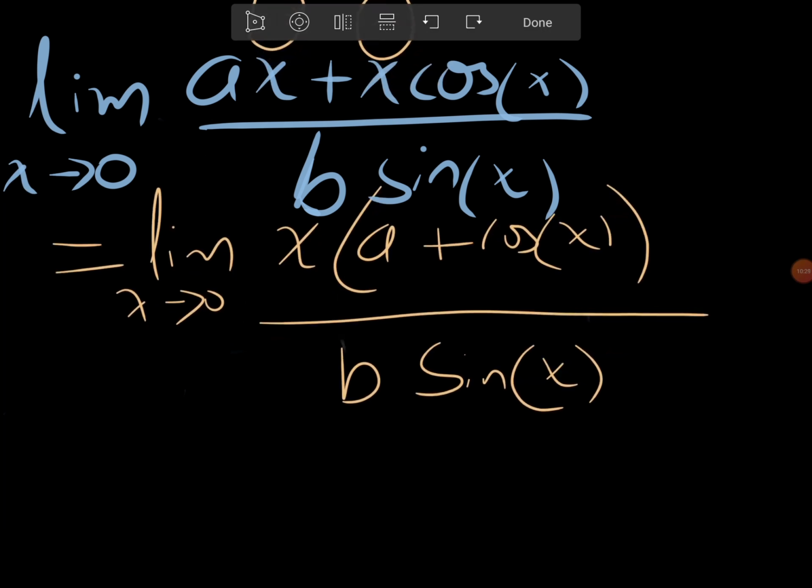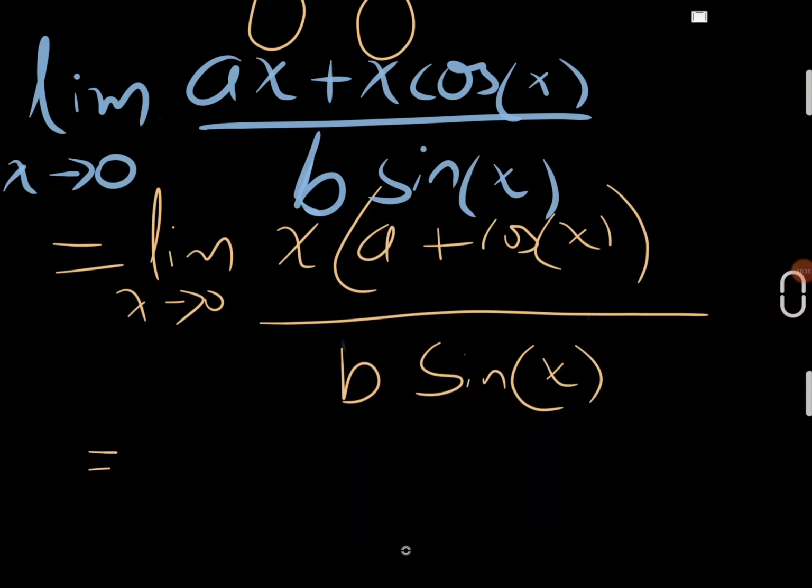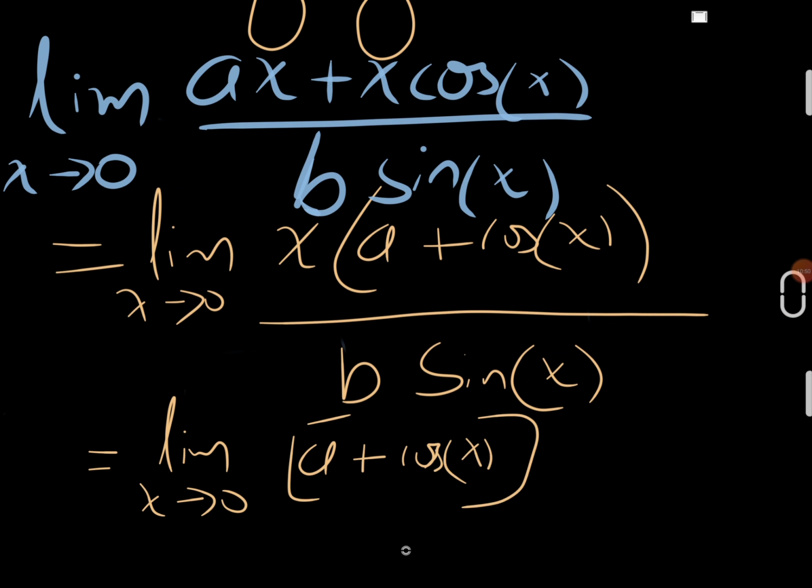Anyways, this thing I can write as, I can rearrange the terms. It will be limit x tends to 0, a plus cos of x. I'm sorry for this horrible handwriting. This is because I'm not writing in a book and I'm not writing with a pen.